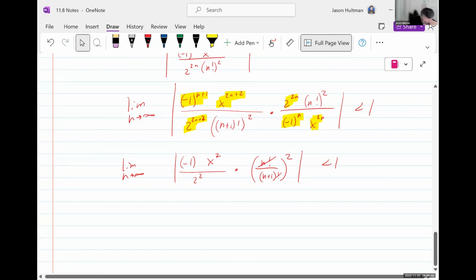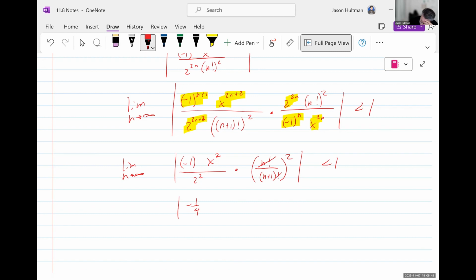So in total, I'm left with the absolute value of -1/4, x squared all over n plus 1 squared. I want to find out, when is that thing less than 1 as the limit as n goes to infinity?